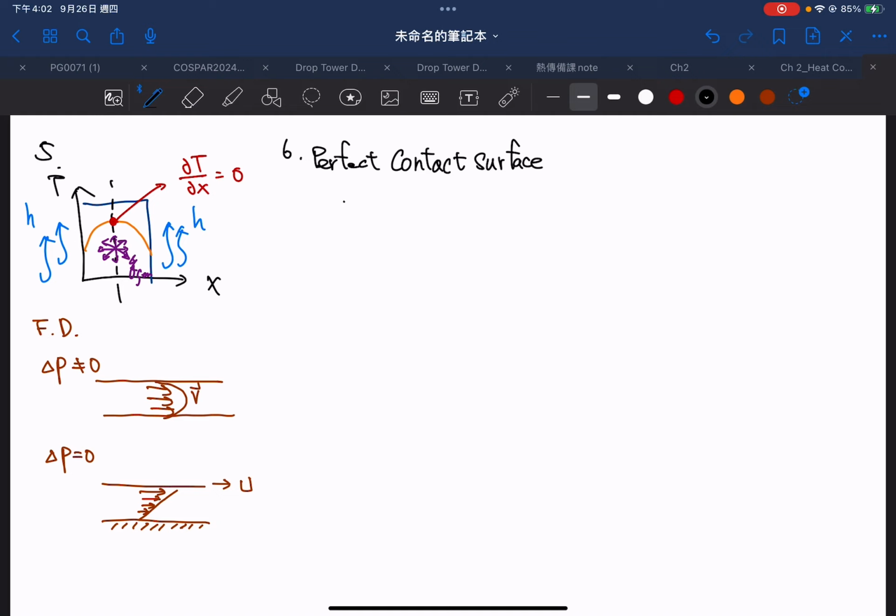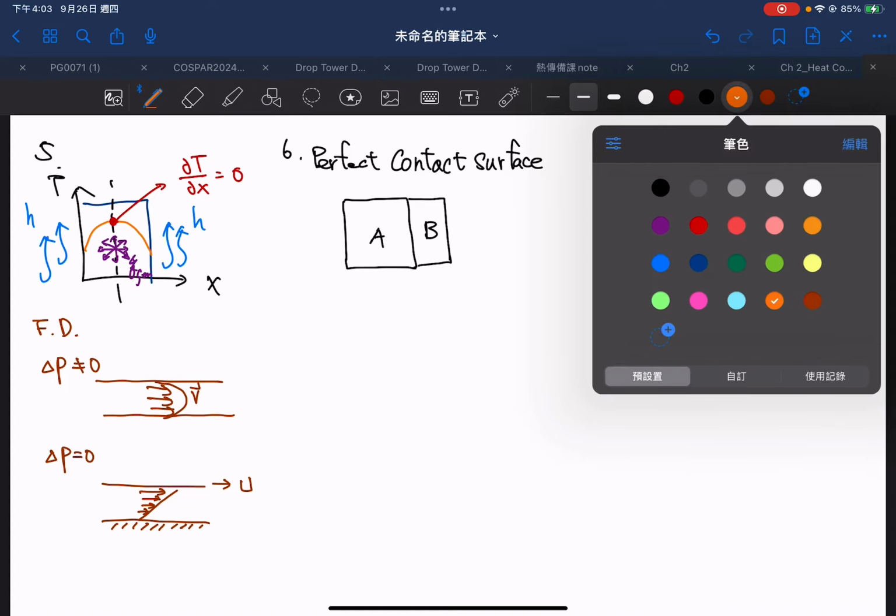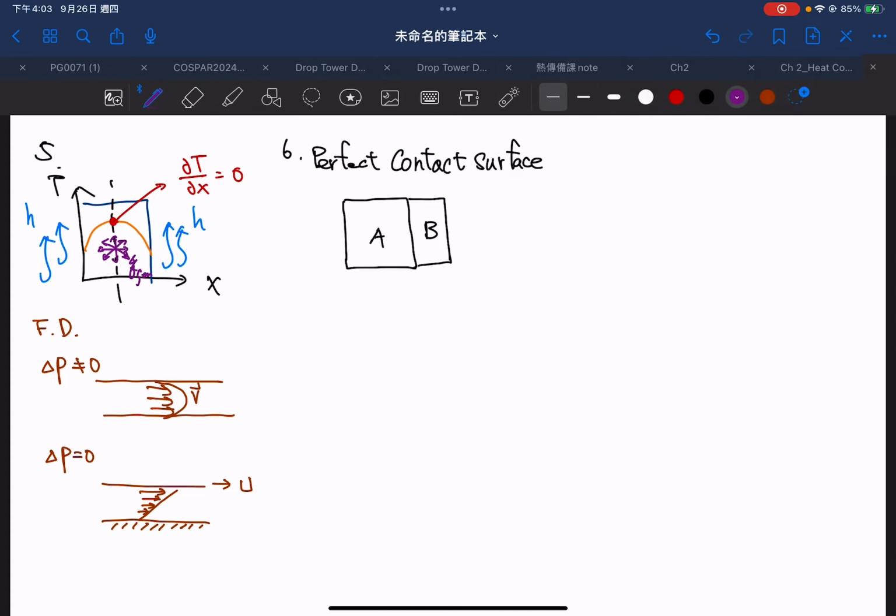So, for example, we have two materials. This is A, and another one is B, slightly shorter. Then, in between their contact interface, let's slightly zoom in, it will look like this.